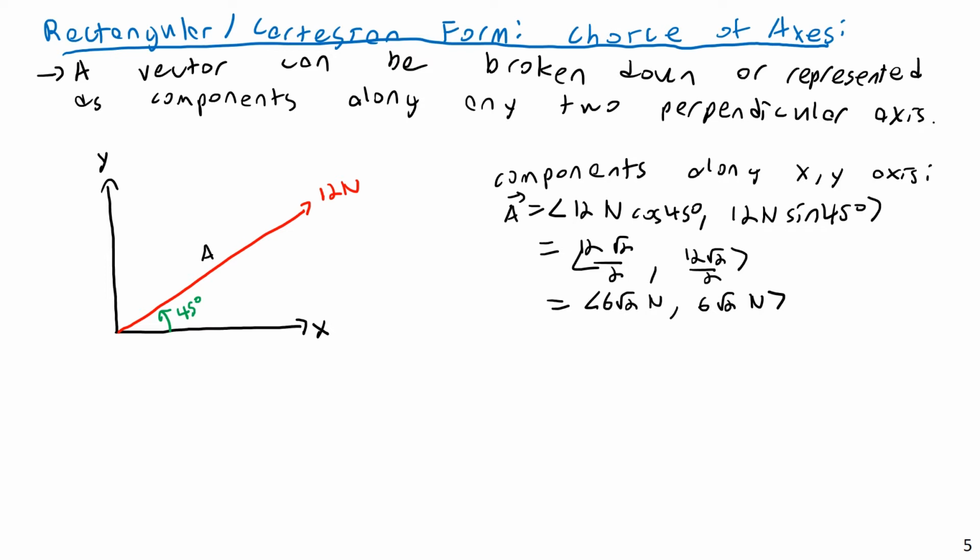So let's consider this. Let us consider a set of rotated axes. And let's say I have another x-axis, and to not get too mixed up here, I'm going to call this an x prime axis. And let's say this thing is at an angle of 30 degrees from the x-axis. So now, remember, I said that they can be represented by any two perpendicular axes.